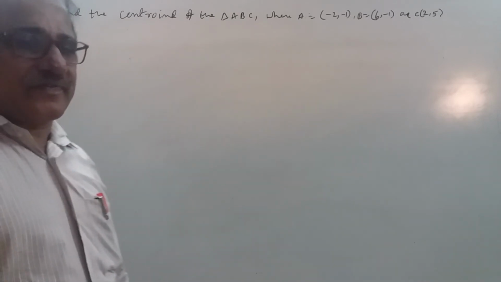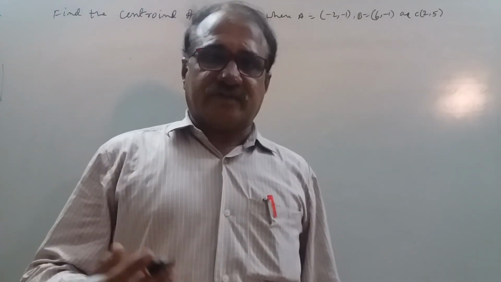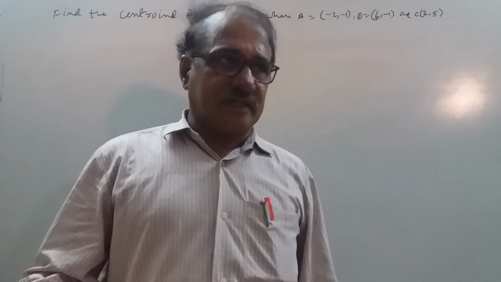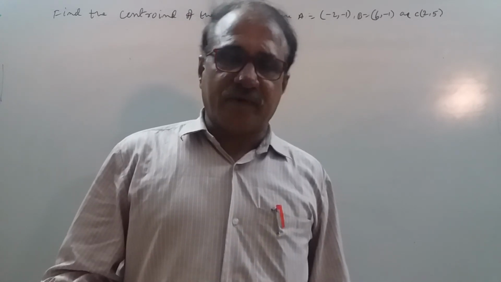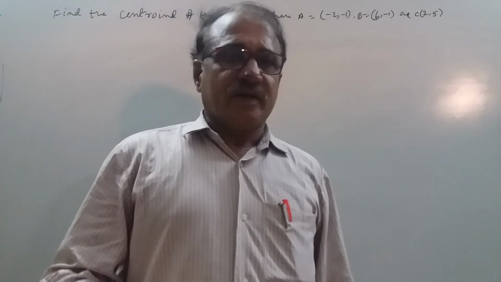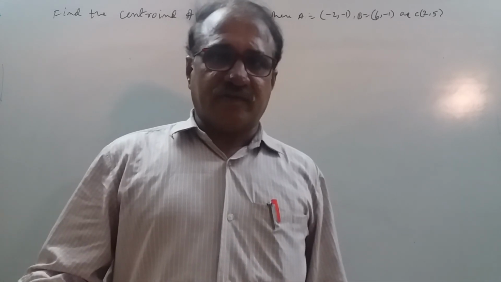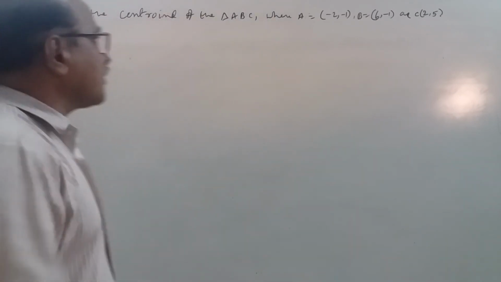We know the formula for finding centroid. If (x1, y1), (x2, y2), (x3, y3) are the vertices, then centroid may be found by using the formula (x1 plus x2 plus x3) by 3 and (y1 plus y2 plus y3) by 3.